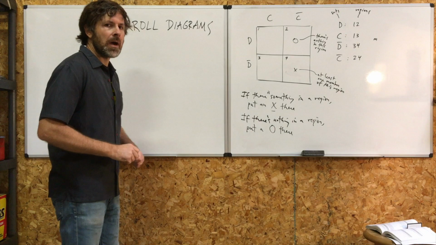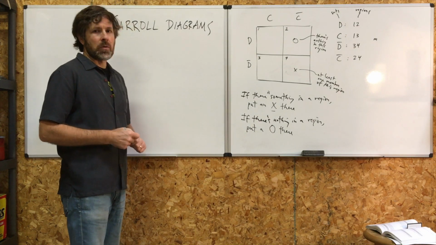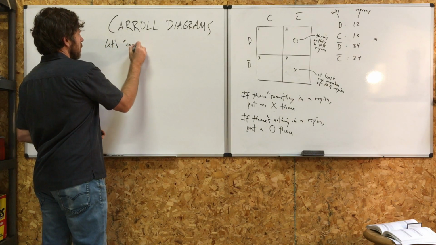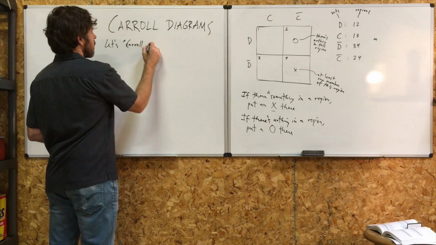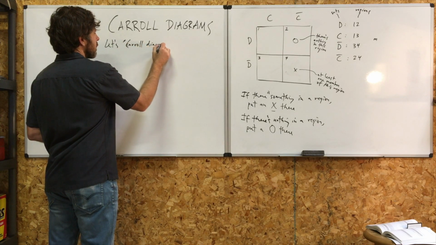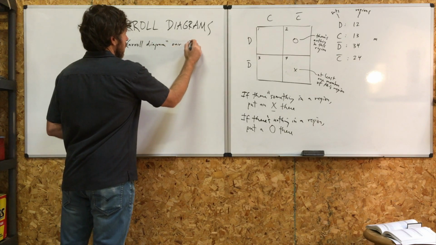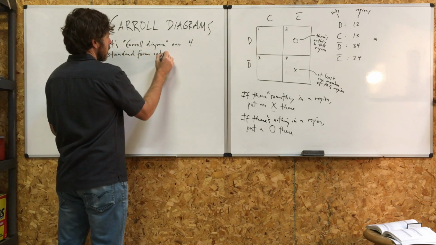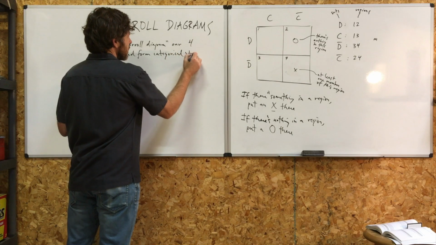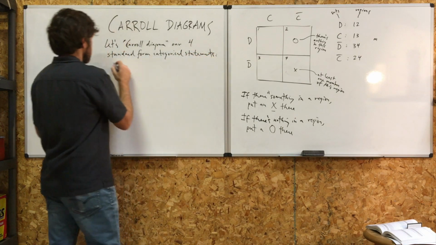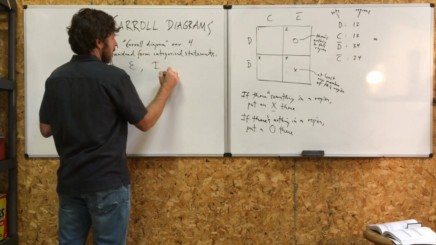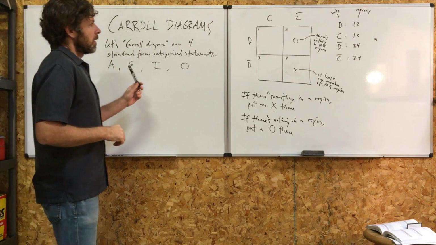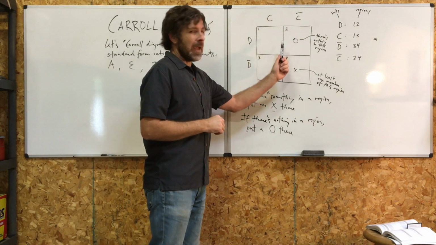Now let's learn how to Carroll diagram our 4 standard form categorical statements, A, E, I, and O. We've already done the A statements.